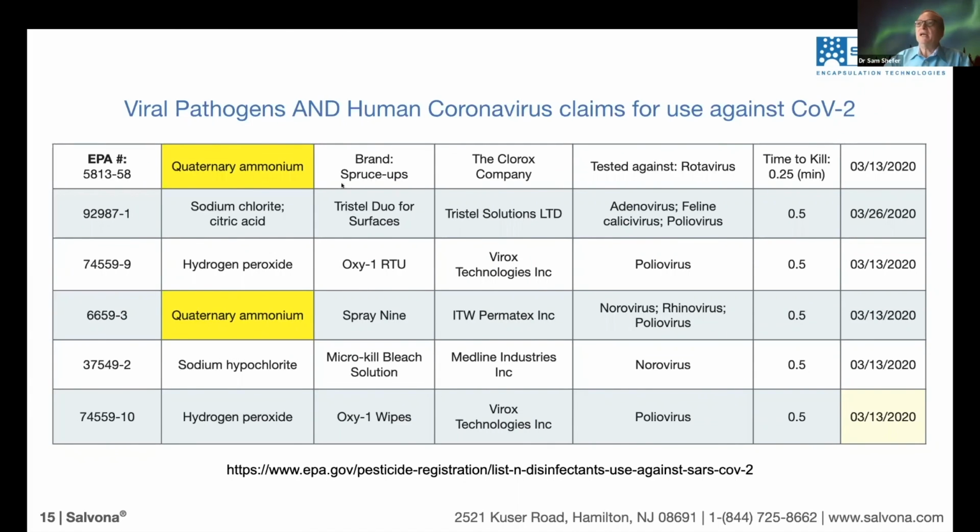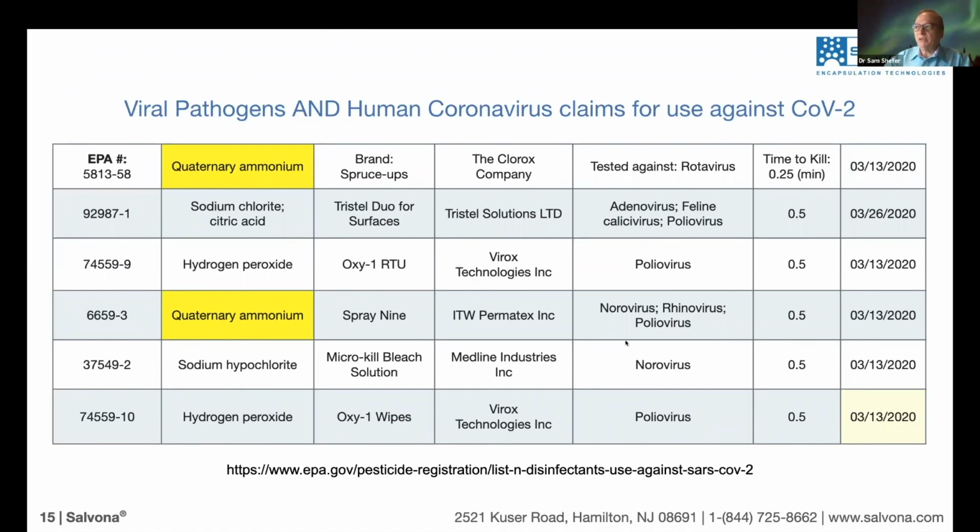And you see sodium chloride, hydrogen peroxide, again BKC, and so on. And you see the brand names, the company that got the registration number, and the proof based on viruses. Typically, the proof comes from the manufacturer of the raw material.